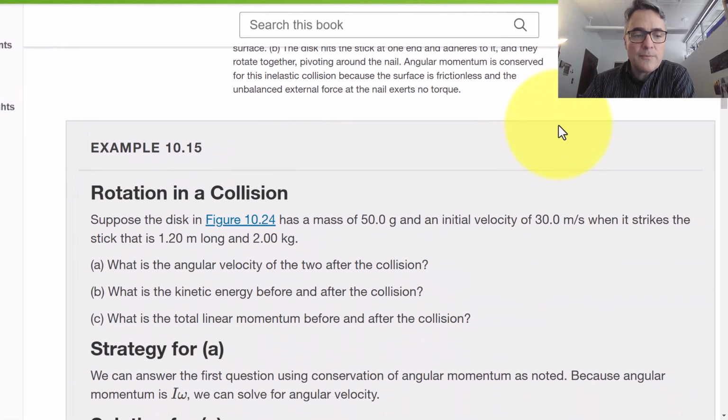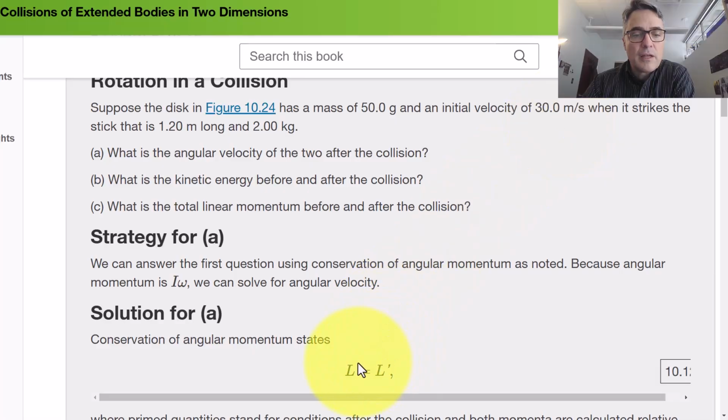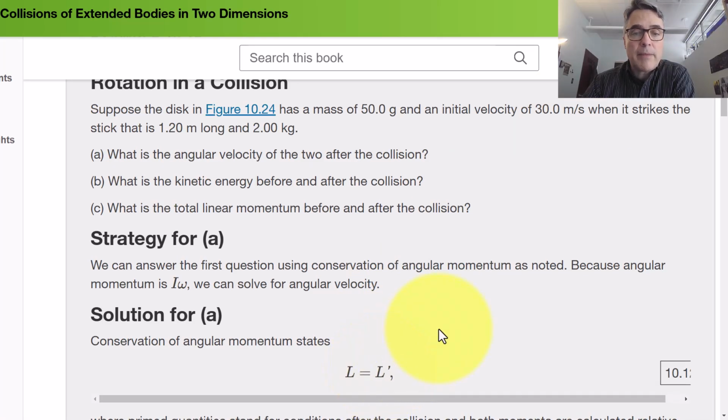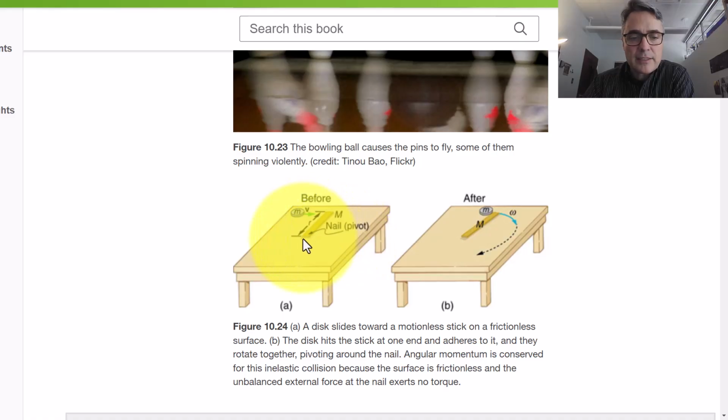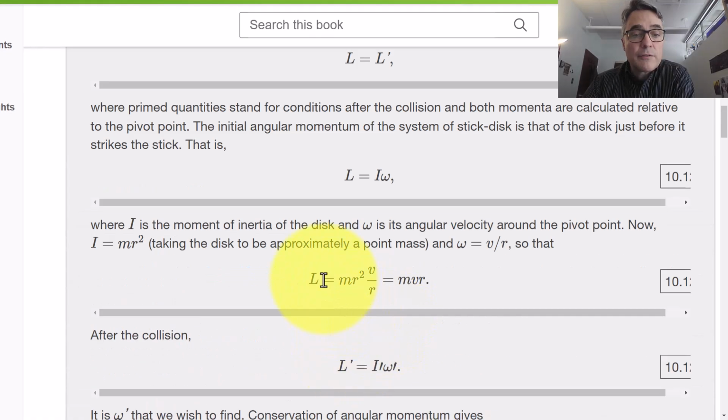So what they do is they conserve, in this case, angular momentum around the pivot point, which is, there's a nail, I guess, in the bottom of the stick here. Angular momentum is conserved around the pivot. So to find the angular momentum before, you just take the velocity or the speed v of that mass, which is perpendicular to this vector r.